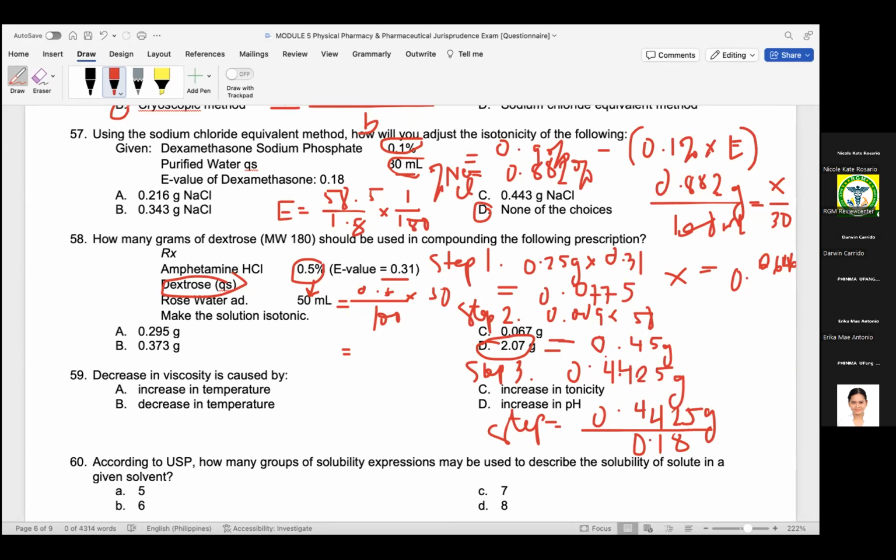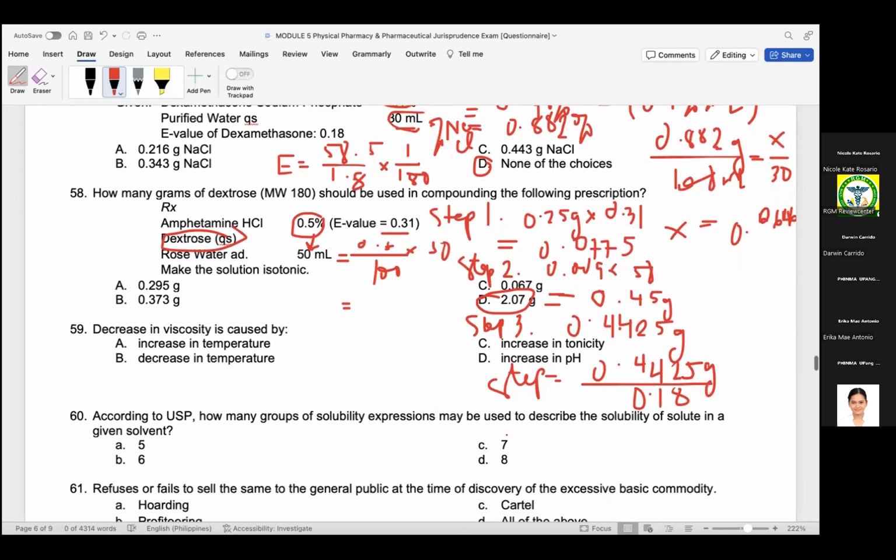So, closest ang 2 grams. Naka-round off na, if ever. So, letter D is the correct answer here. Again, hindi talaga magmamatch yung sagot because naka-round off in between calculations yung mga choices. So, the correct answer again in 58 is letter D.